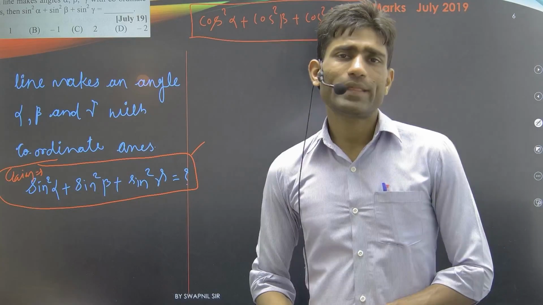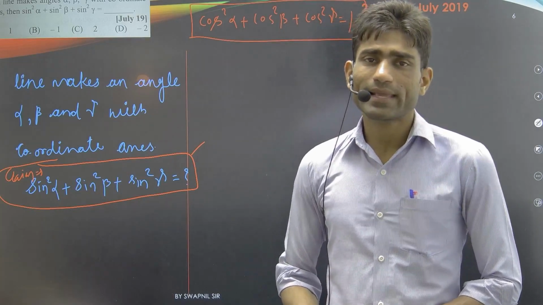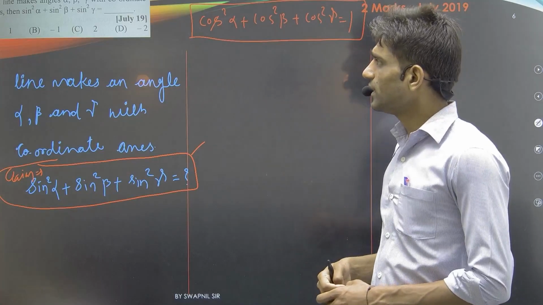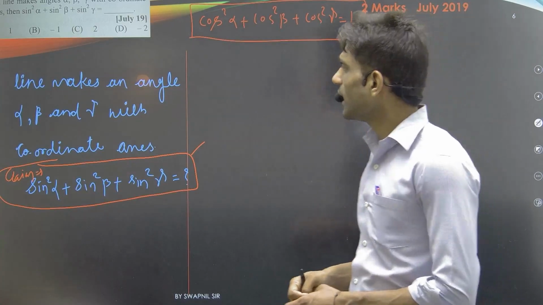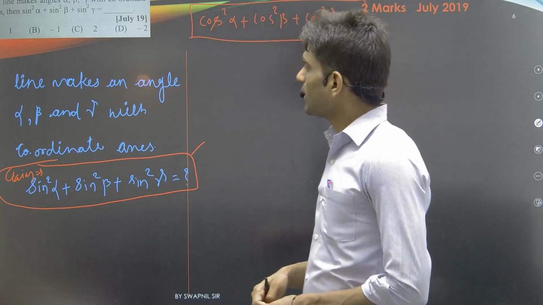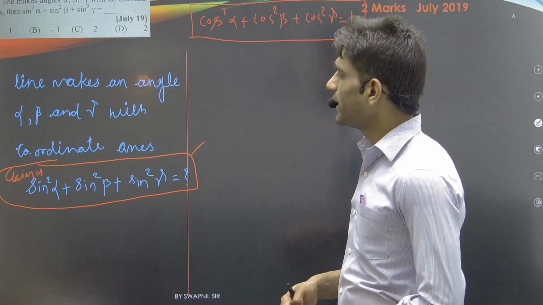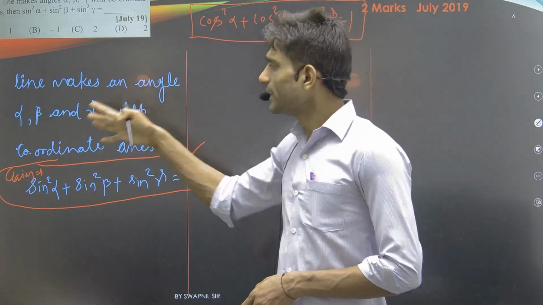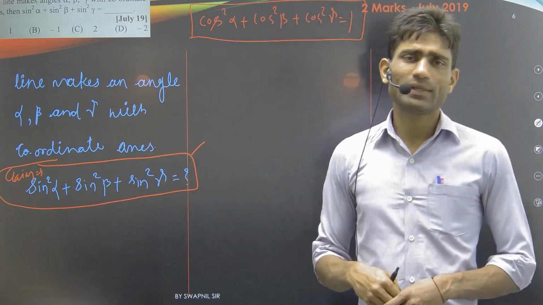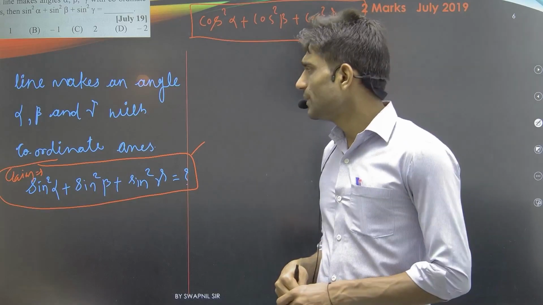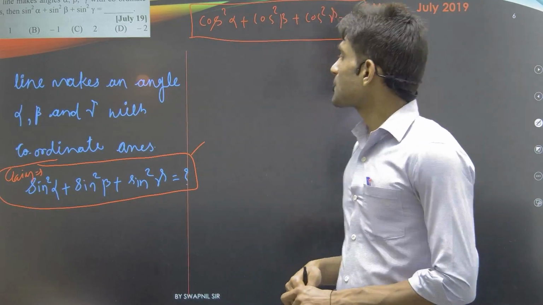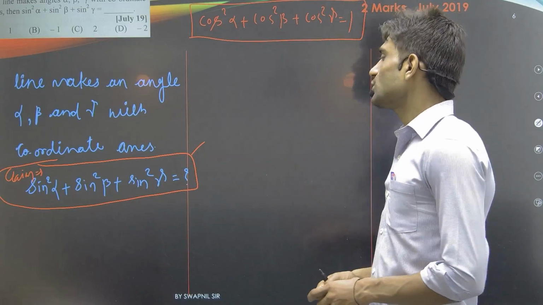Alpha, beta, gamma are the angles with the coordinate axes: alpha with the x axis, beta with the y axis, and gamma with the z axis. And we want sin square alpha, sin square beta, sin square gamma.